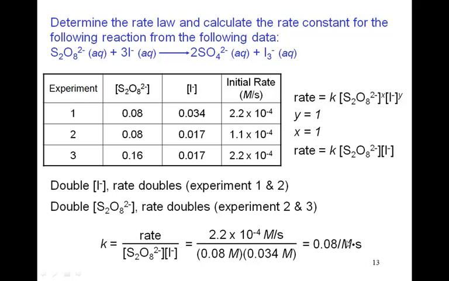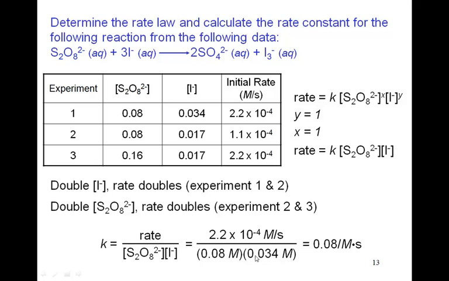When you write it as M to the minus x, the exponent x is equal to the total number of M's on the bottom minus 1.